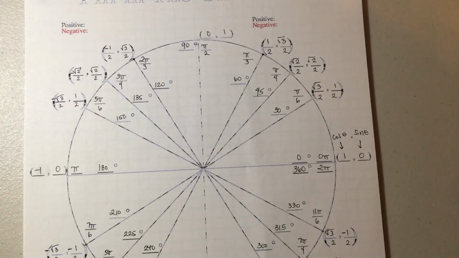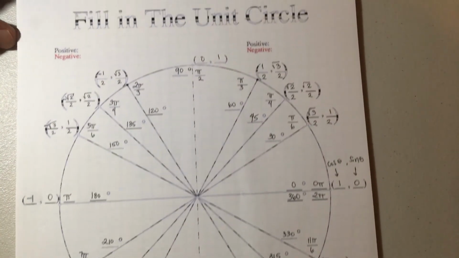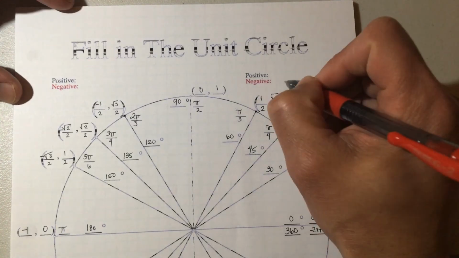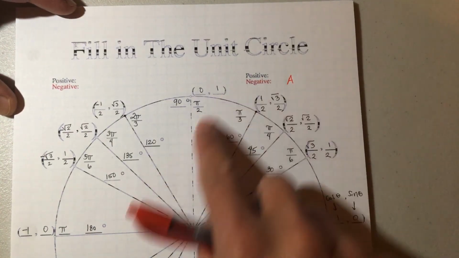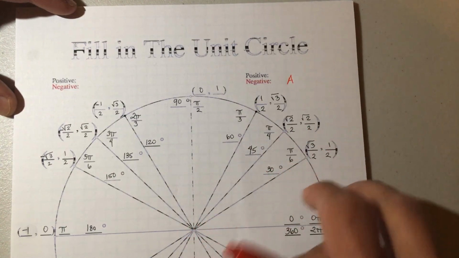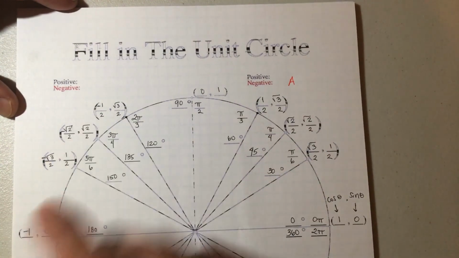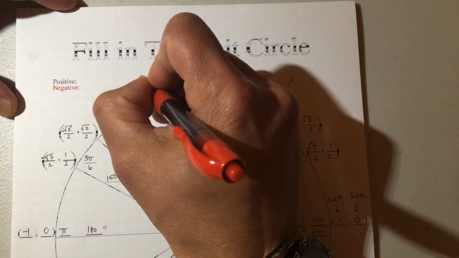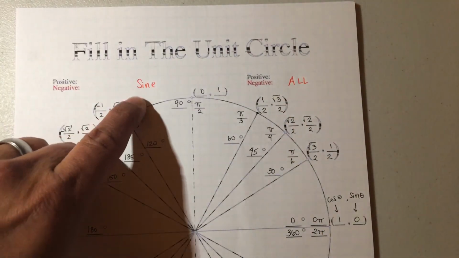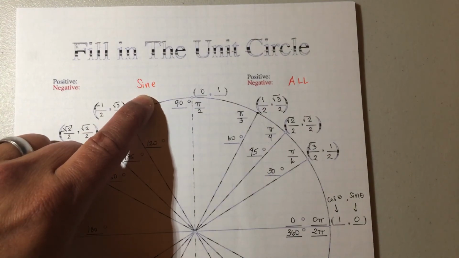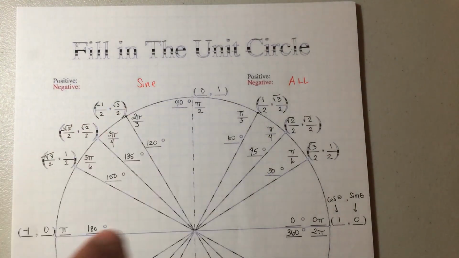All right? And for us over here, right here we say all. All the trig ratios are positive: sine, cosine, tangent. Over here, I'll just put sine. Sine is the only one that's positive in this quadrant, quadrant 2.